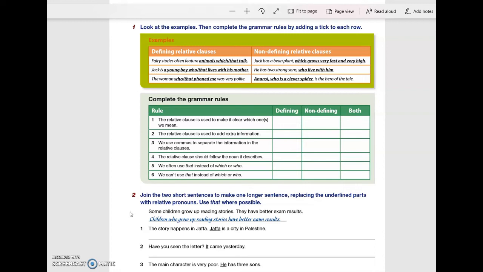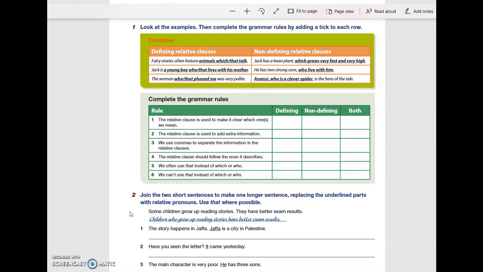Look at example number 1. The story happens in Jaffa. Jaffa is a city in Palestine. Which relative pronoun will you use?